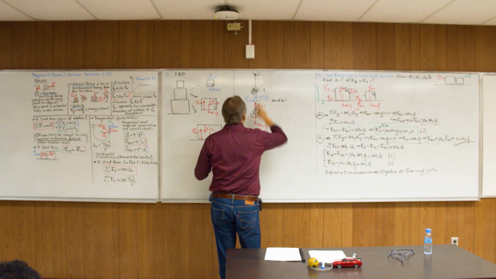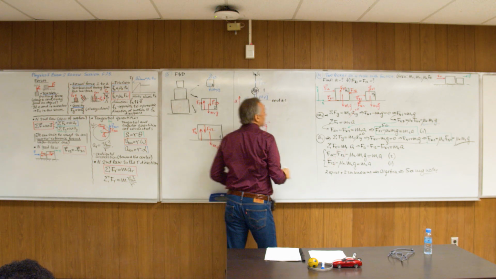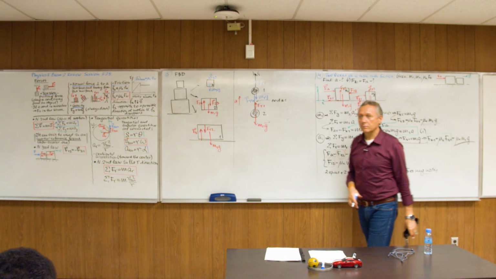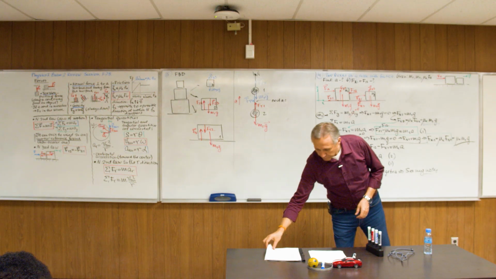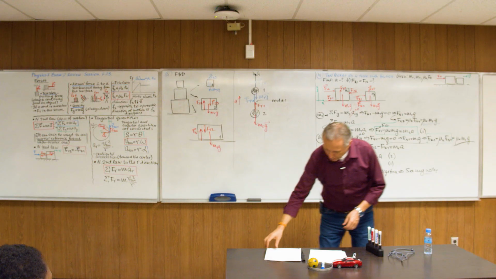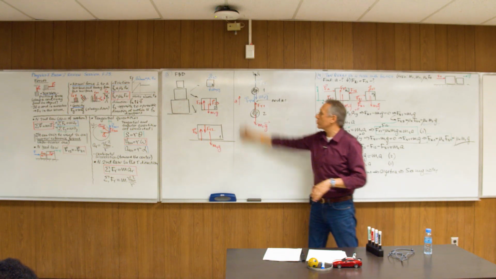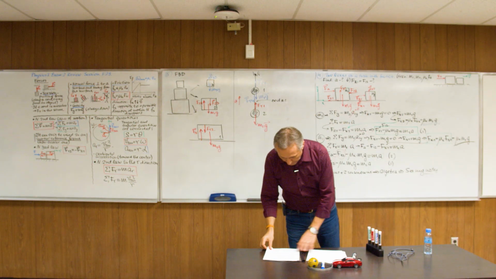So of course above that there will be also tension in the chord, it will be Ft2. Okay, so the free body diagram is completed. And again, the description is the same: introduce a coordinate system, draw the free body diagram here, and write down Newton's second law.